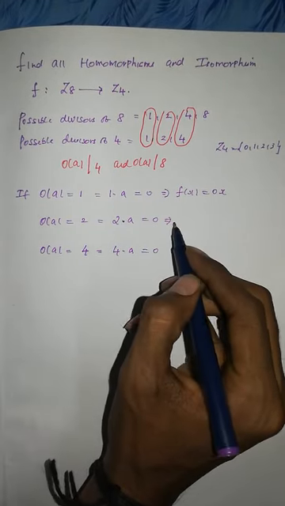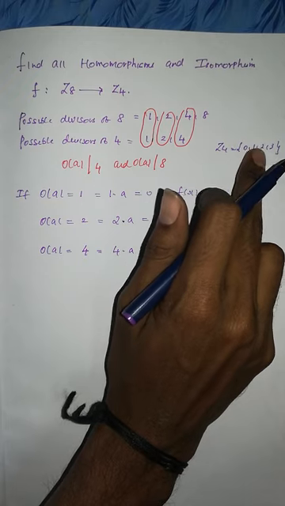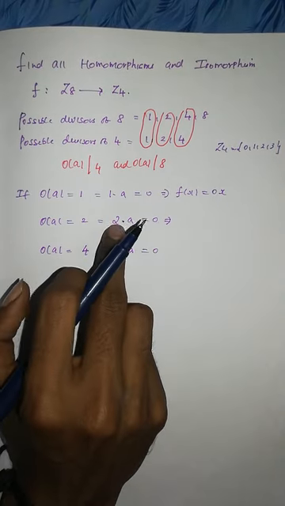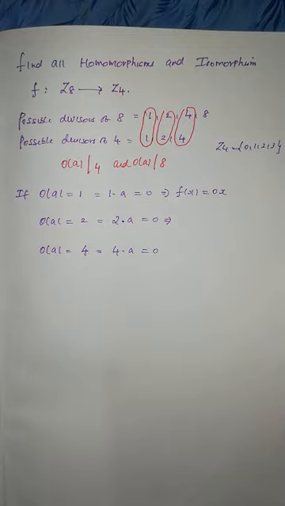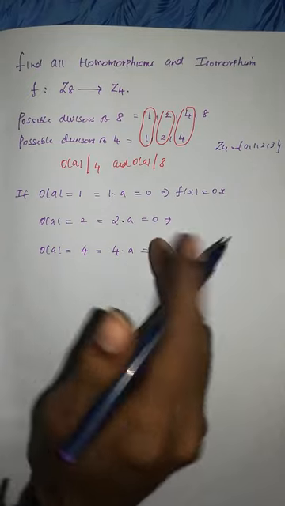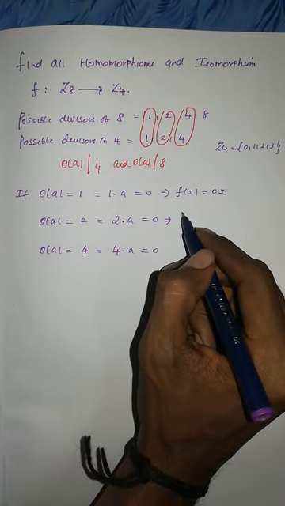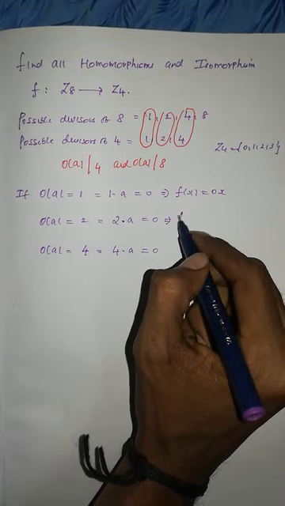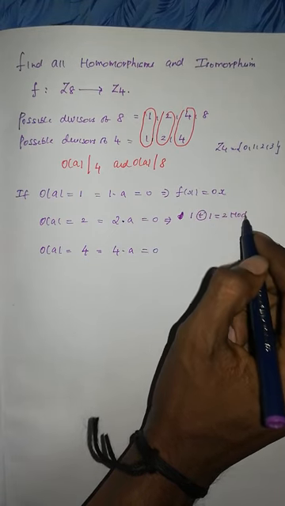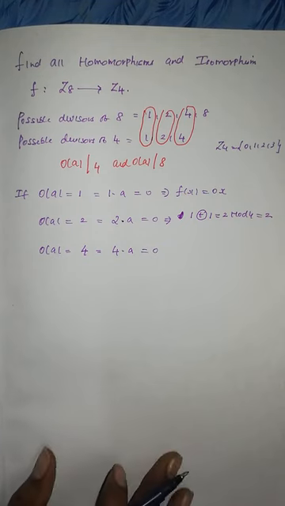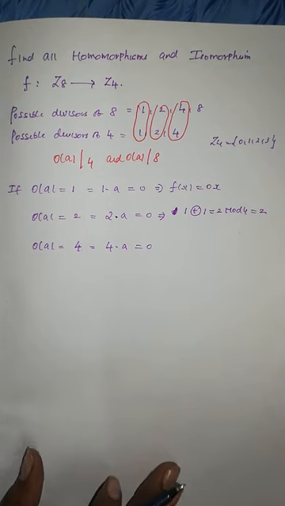Now we want to pick an a from 0, 1, 2, 3 in which 2 times a is 0. If I pick a equal to 1, then 2 times a is 1 plus 1, which is 2 mod 4, which is 2. So it is not equal to 0, and I cannot pick a equal to 1.